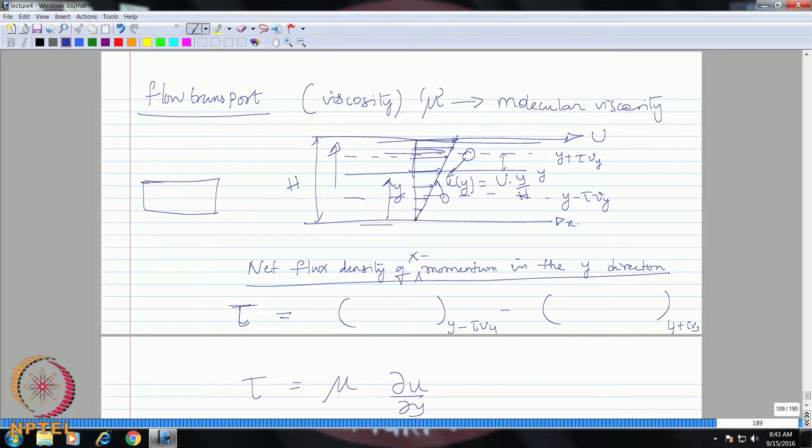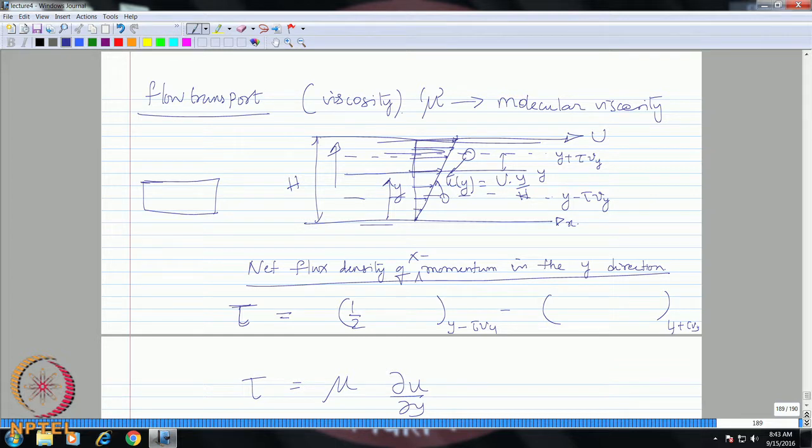So, how do you write your momentum flux? So, we have half of, and then what is your momentum flux in general?